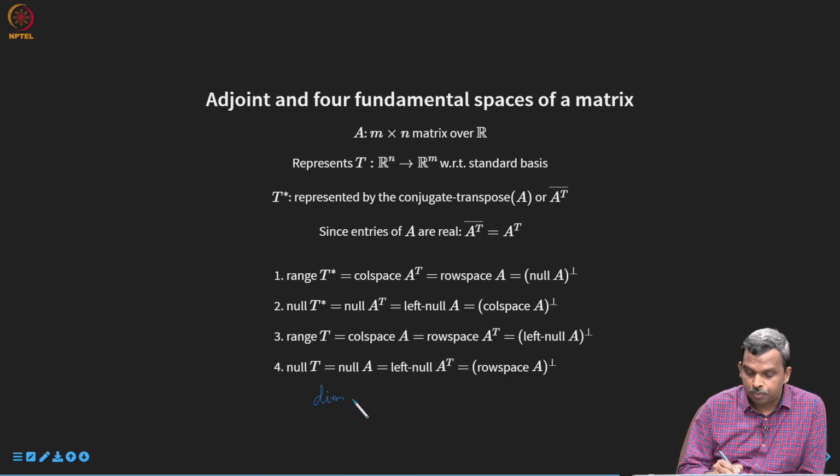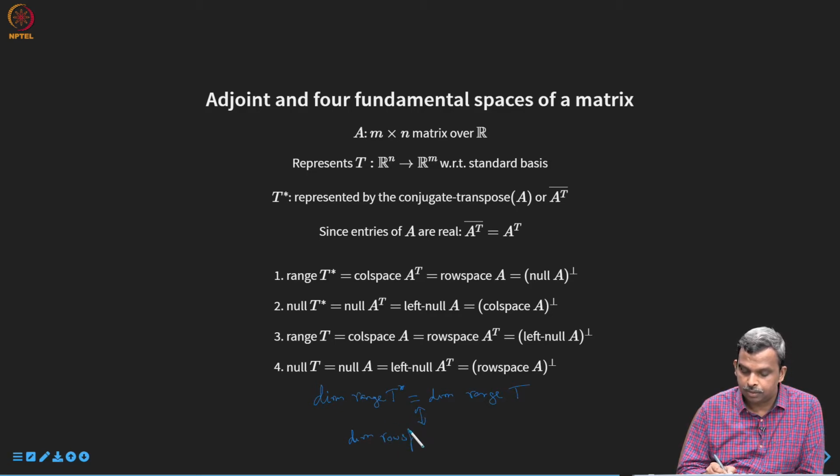Dimension of range T star equals dimension of range T is exactly equivalent to dimension of row space of A equals dimension of column space of A, which is nothing but row rank equals column rank.